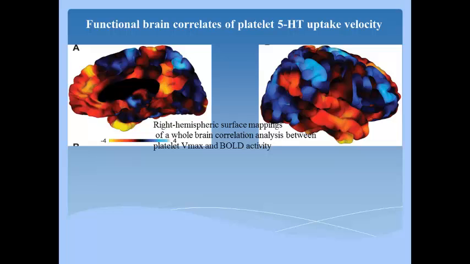Figures display right hemispheric surface mapping of a whole brain correlation analysis between platelet Vmax and blood oxygen level dependent, that is BOLD, activity. Significant brain areas showed positive and negative correlation.